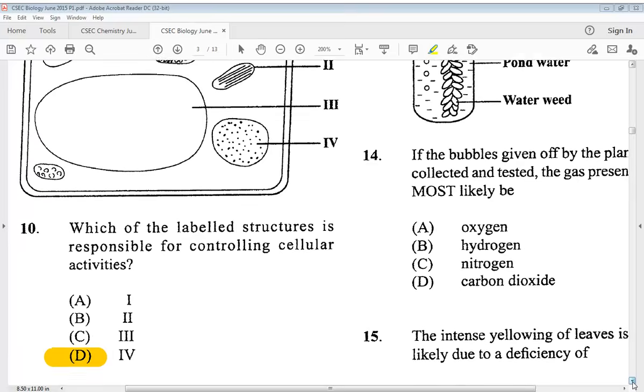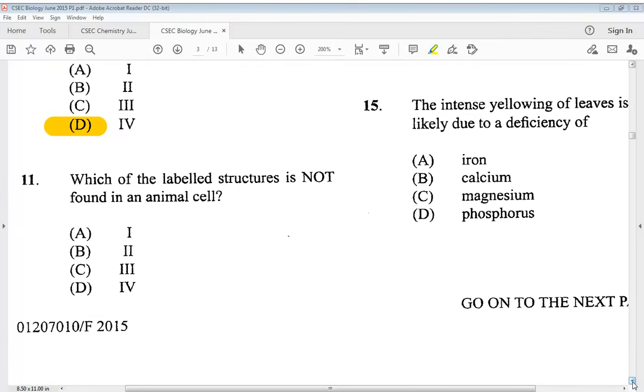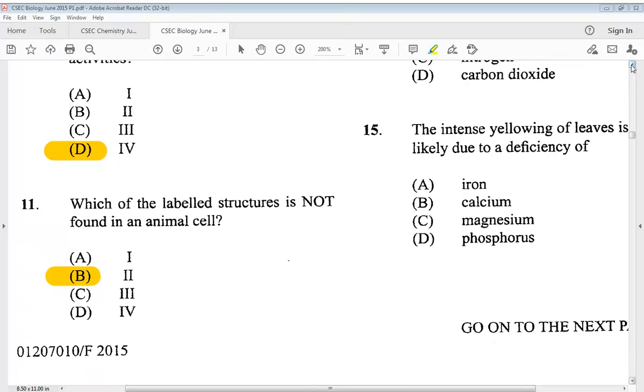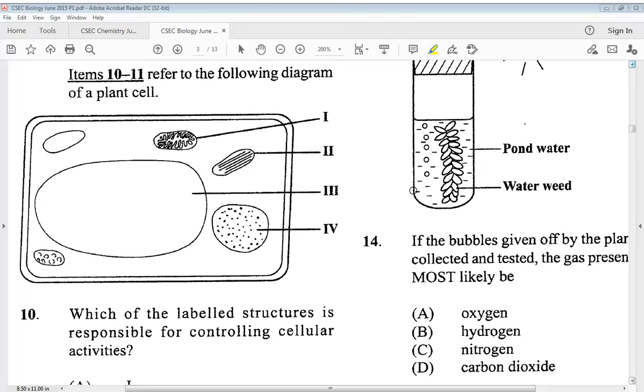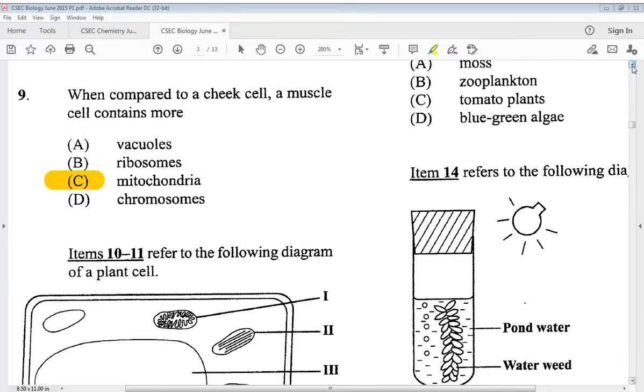Let's go to 11. Which of the labeled structures is not found in an animal cell? The answer is B, number 2. Right here.